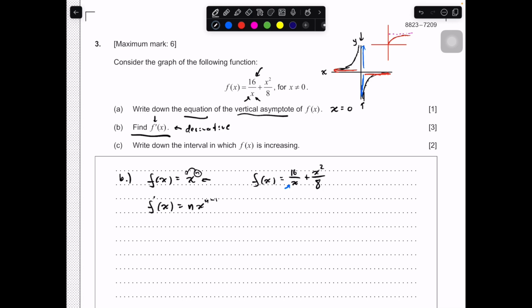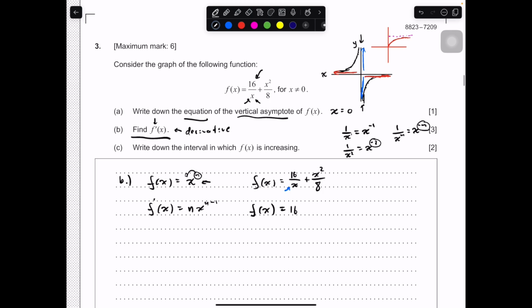So let's rewrite this. f of x is equal to, let's keep the 16 out here, but we know that 1 over x is equivalent to x to the negative 1. 1 over x squared is equivalent to x to the negative 2, and 1 over x cubed, or even 1 over x to the n, is equal to x to the negative n. Whatever it is, if you have a variable in the exponent in the denominator, we bring it up and then we just convert the exponent to a negative.